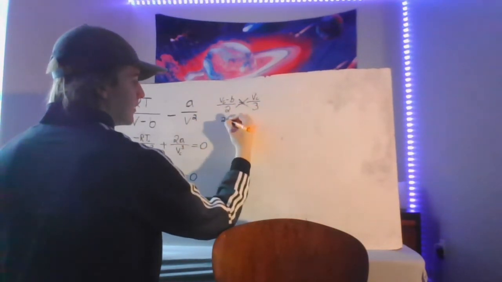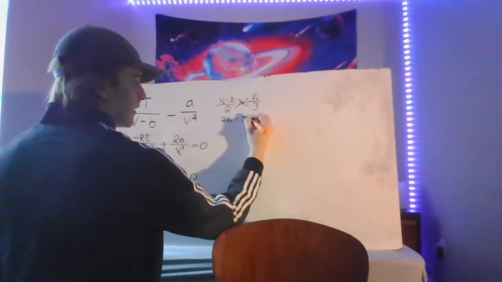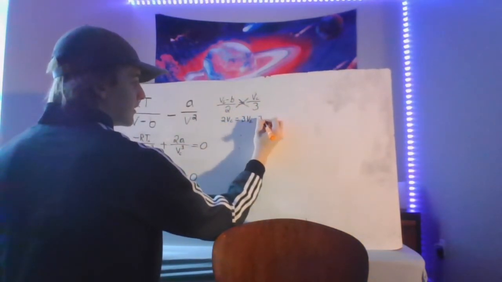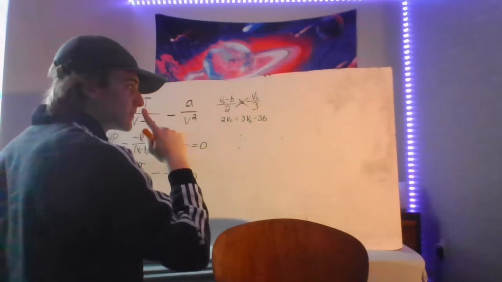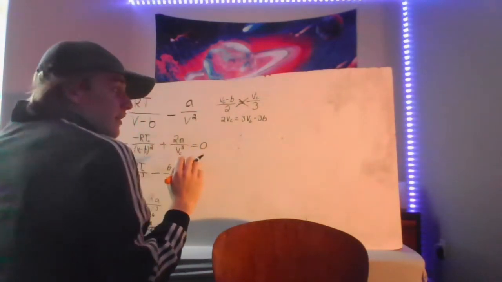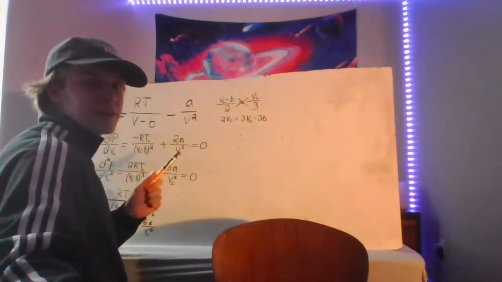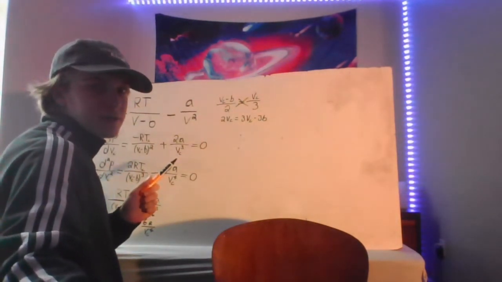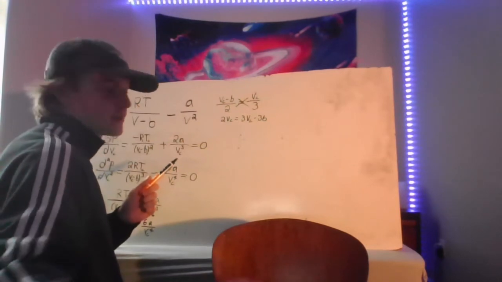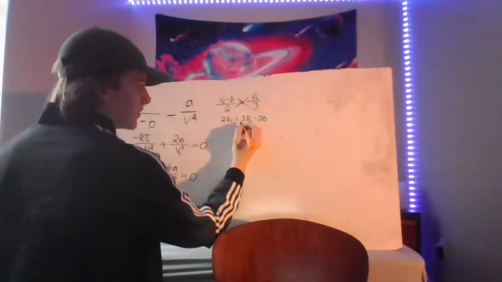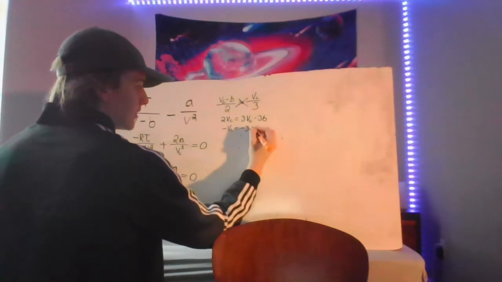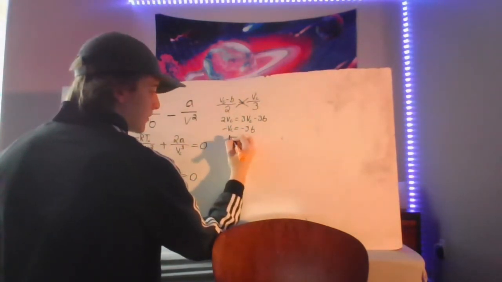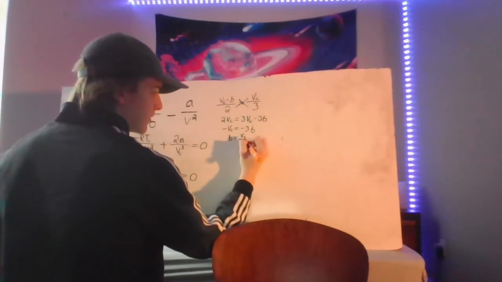So 2Vc will equal 3Vc minus 3b. So now we can isolate b, and we will get that negative Vc equals negative 3b. So b will be equal to Vc over 3.